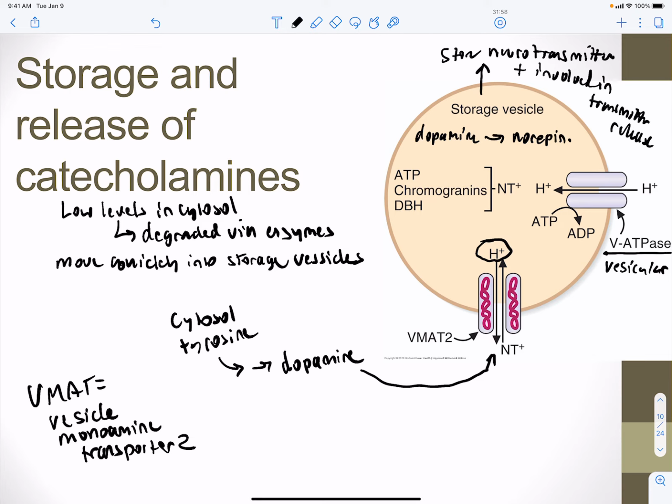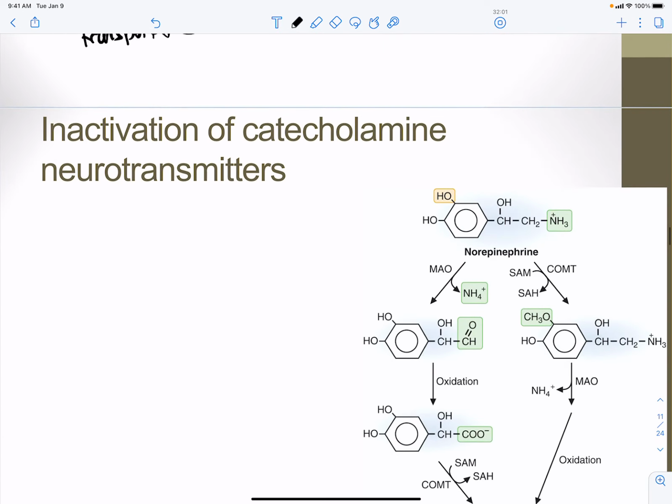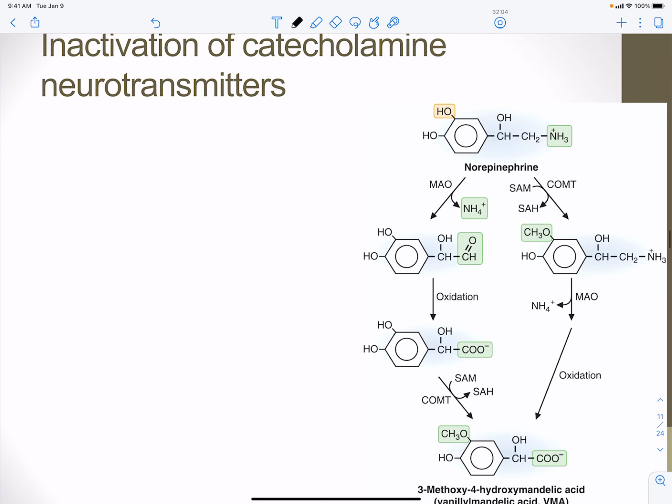Which you guys probably should have already figured out. So finally, we have inactivation of our catecholamines. So we're always going to have termination, which can occur via reuptake into the presynaptic terminal and diffusion away from the synapse.